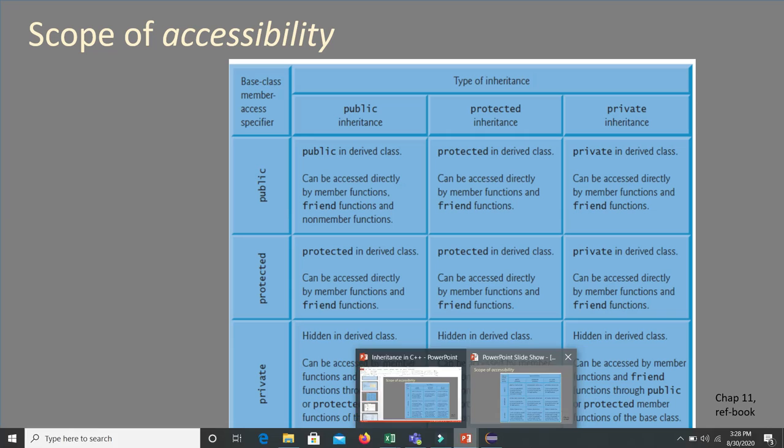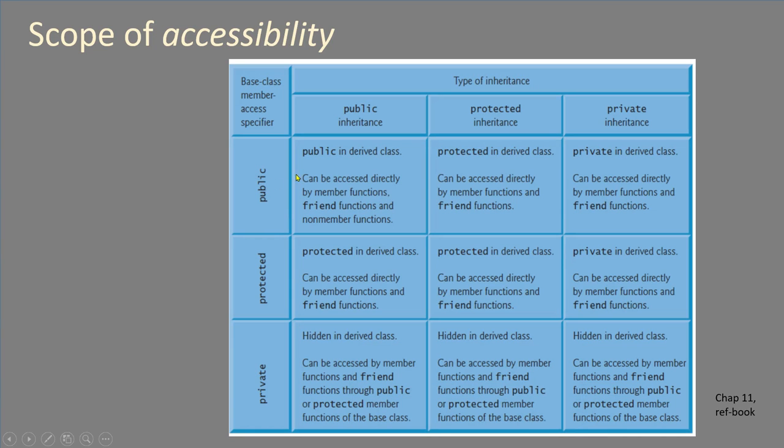As said here, in the public inheritance, I can access only the public members. I cannot access the protected or private directly. If I want to access them, I have to use those function calls inside the public portion. I hope this is clear.